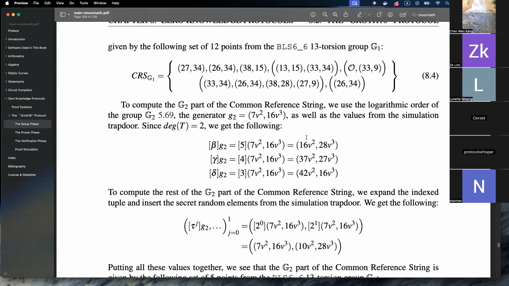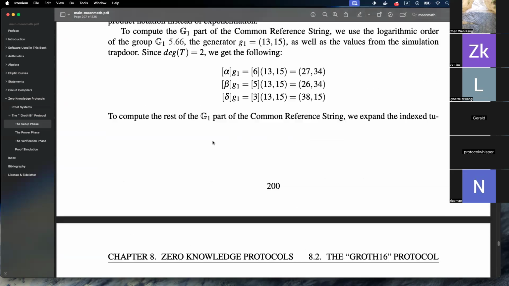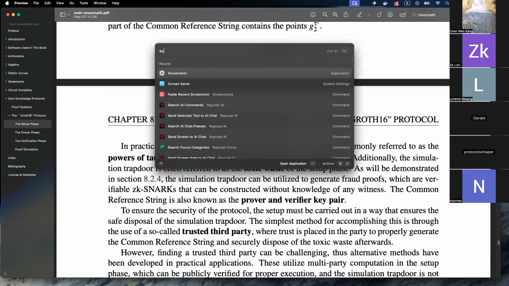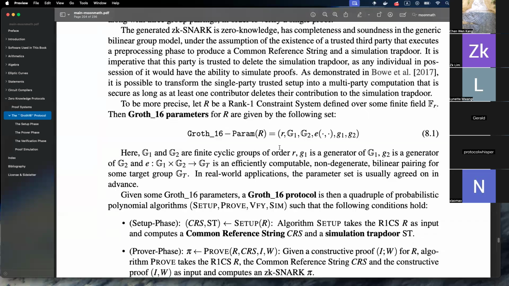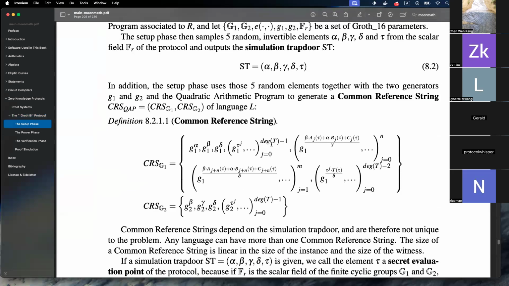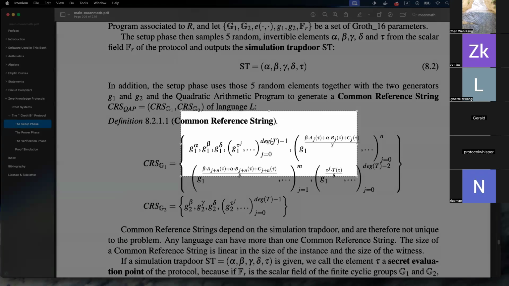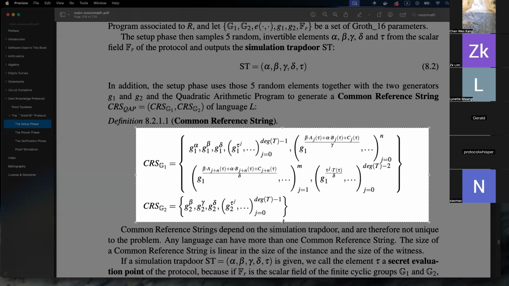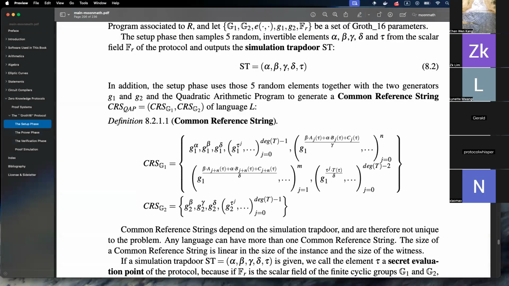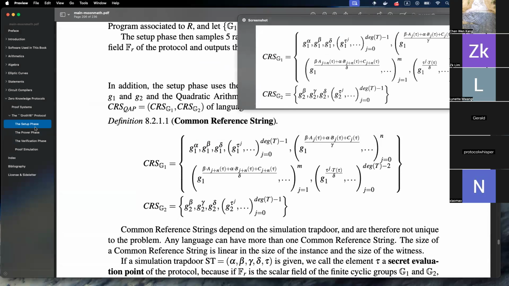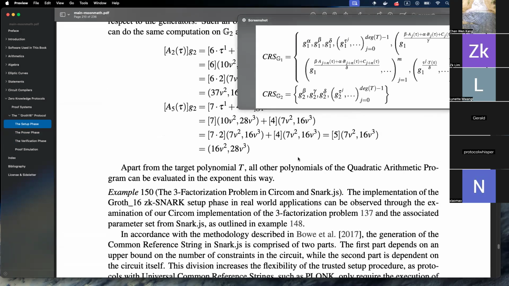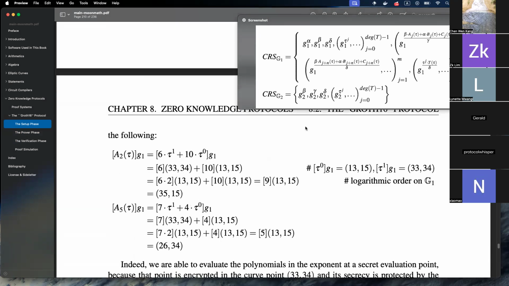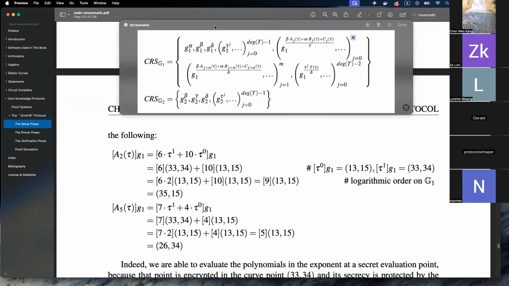But here, if you look at the CRS definition, let me just take a picture for you to be able to see it. Give me a moment. There you go. So given this, let's go up here. Tau^1 G1 is here, you know it from here. Tau^0 G1, you also know from here.